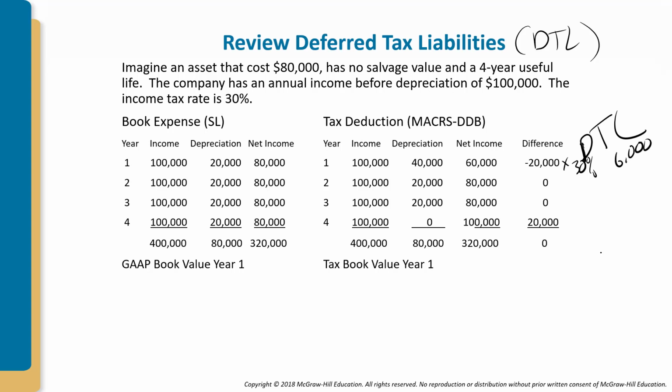And then that deferred tax liability is effectively going to be paid off down here in year 4. Year 4, we're going to pay tax on $20,000 more income than from GAAP. And so then that deferred tax liability, if we had a T account for it, we would increase it by $6,000 in year 1, and then we would decrease it by $6,000 in year 4, so that at the end of year 4, we're going to have a balance of 0.